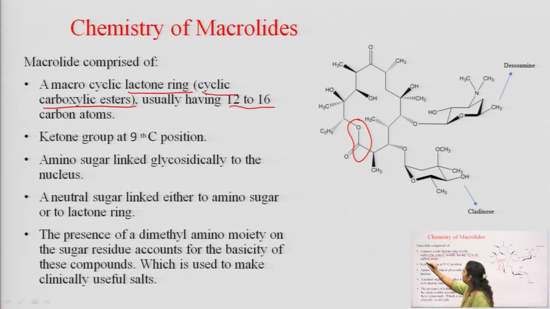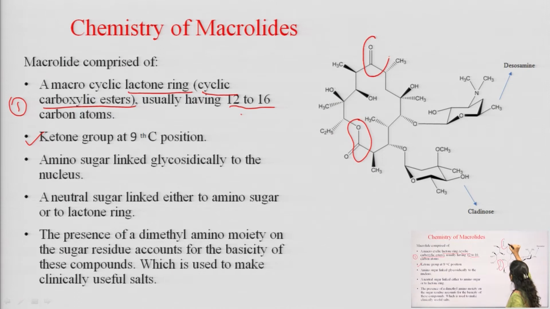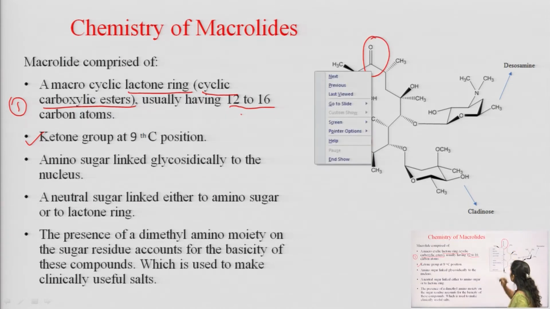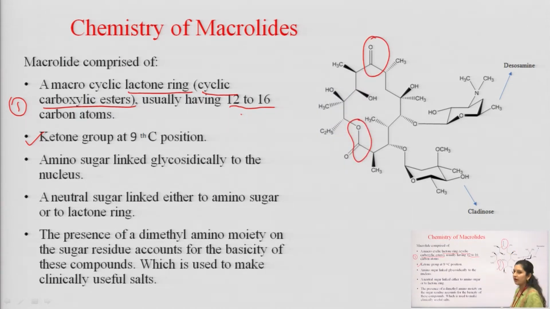So, this is the first important part of macrolide in which we see a major cycle of lactone ring containing 12 to 16 carbon atoms. Second, we see ketone group at 9th position. Third, we see there is an amino sugar linked glycosidically to the nucleus.